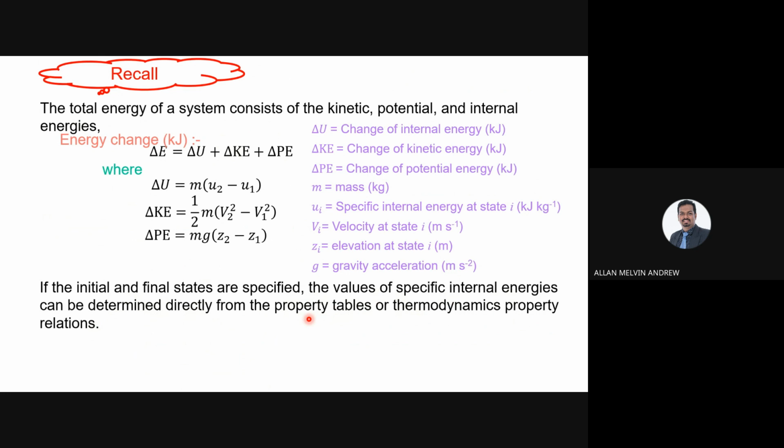But just for your understanding, we have a lot of thermodynamic tables: a thermodynamic table for solid, for gas, for liquid. Even various states, gaseous state, superheated state. All these will be in the thermodynamic property table, based on the initial and final state specified.